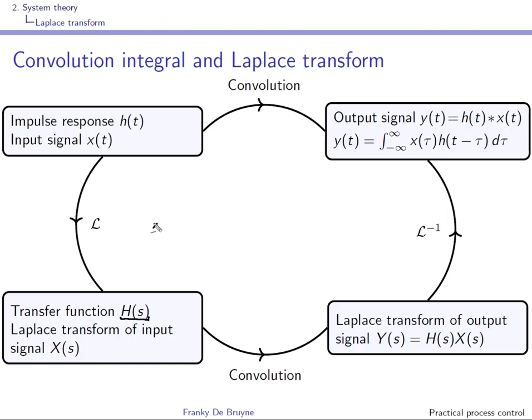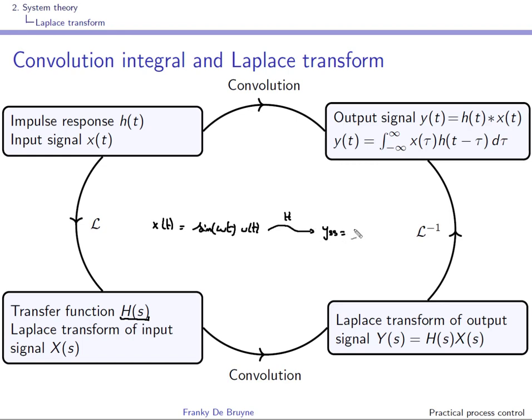Assume here that the input signal is the sine of omega t, u of t. Then the response of the system to this input, and it's very important that you see that it is the steady state response. This means that all transients have disappeared.